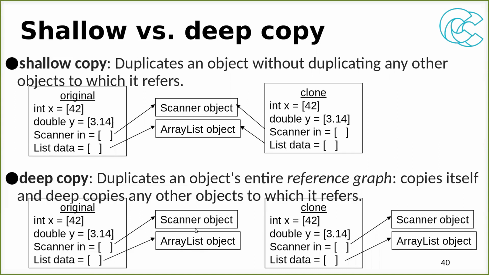So now you want to have two different memory locations, but with the same values. So let's say the list has 3 elements, 1, 2, and 3. So even the clone should have the same values for the list, which is 1, 2, and 3, but it should be pointing to a new or different memory location. So that is what is referred to as deep copy.